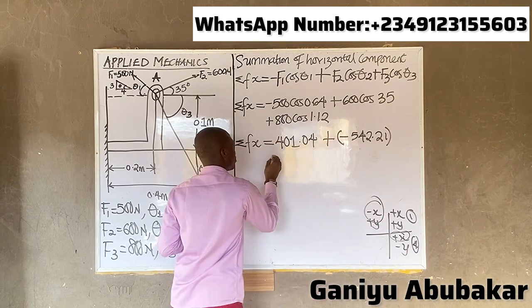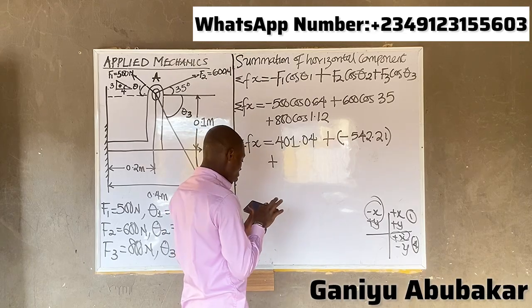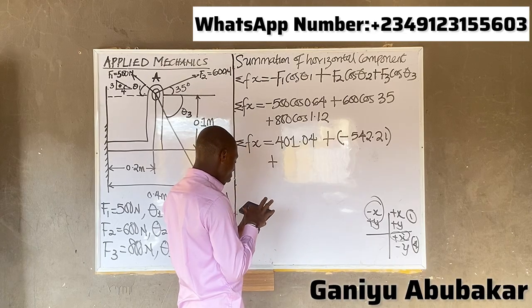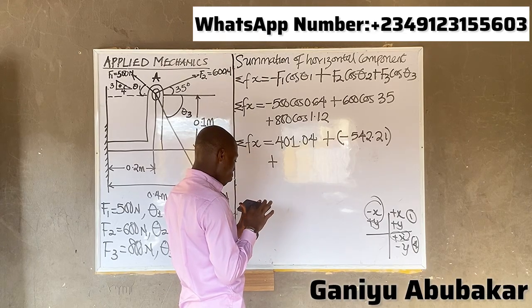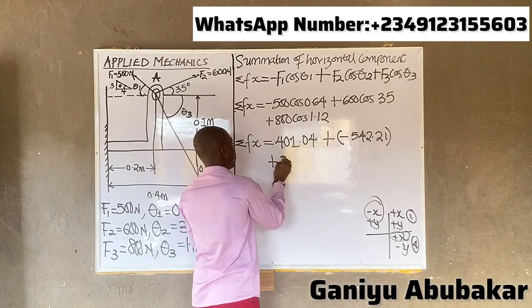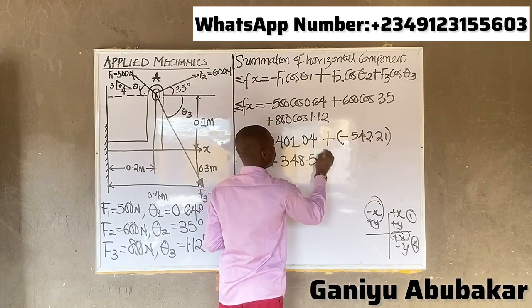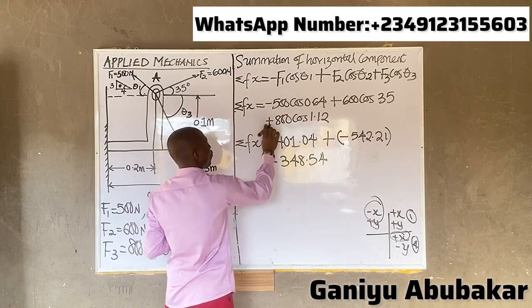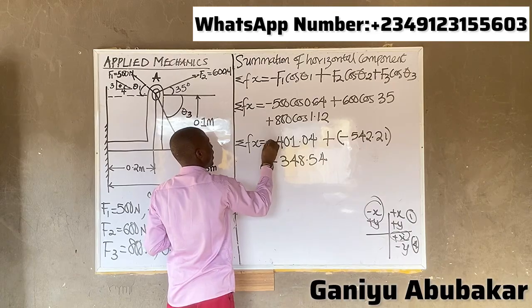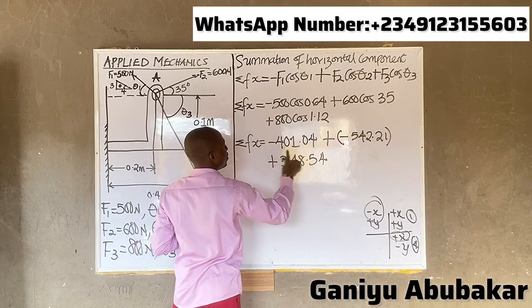Next up, plus, if I punch 800 cos 1.12, that gives about 348.54. Work on this here. Of course, don't forget there should be negative here. This one here gives you this value.